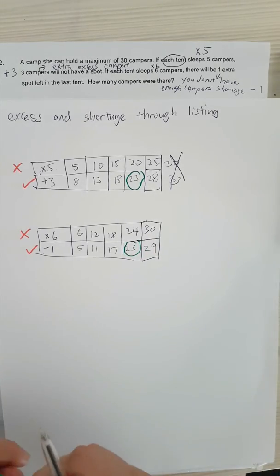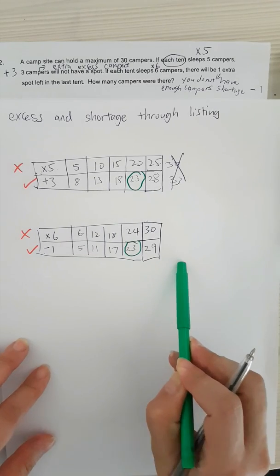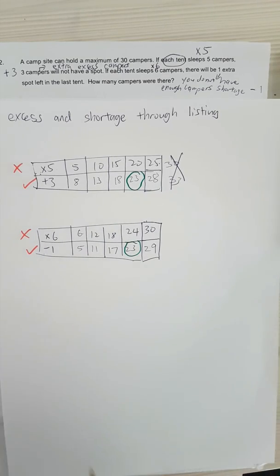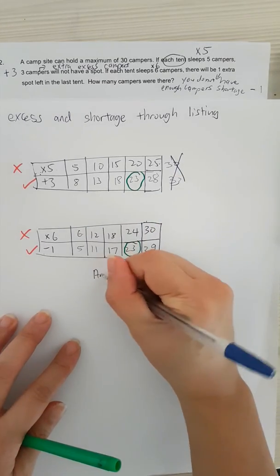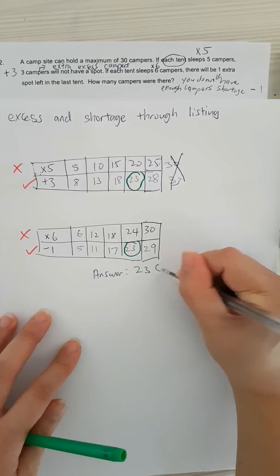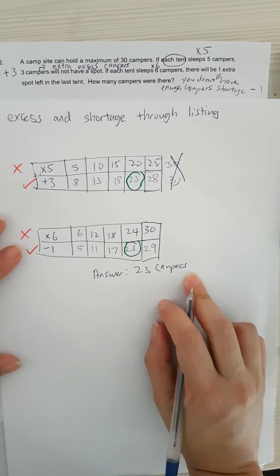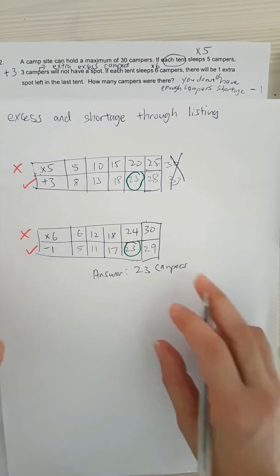Okay? And they both appeared in the second part of my table, which means I have fulfilled both conditions fully. So the answer is 23 campers.